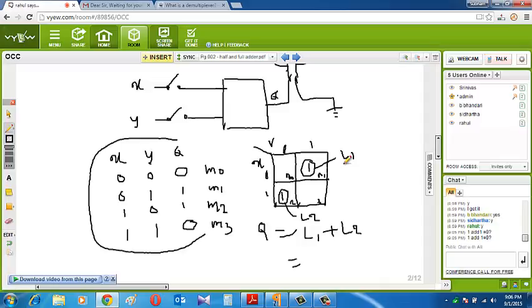Siddharth, try. Here the inputs are X and Y, Srinivas, look, not A and B. Okay, Siddharth is right. Instead of A bar B, it should be X bar Y, because for this row X is 0, that is why X bar, and Y is 1. And for the other one, it should be X Y bar.